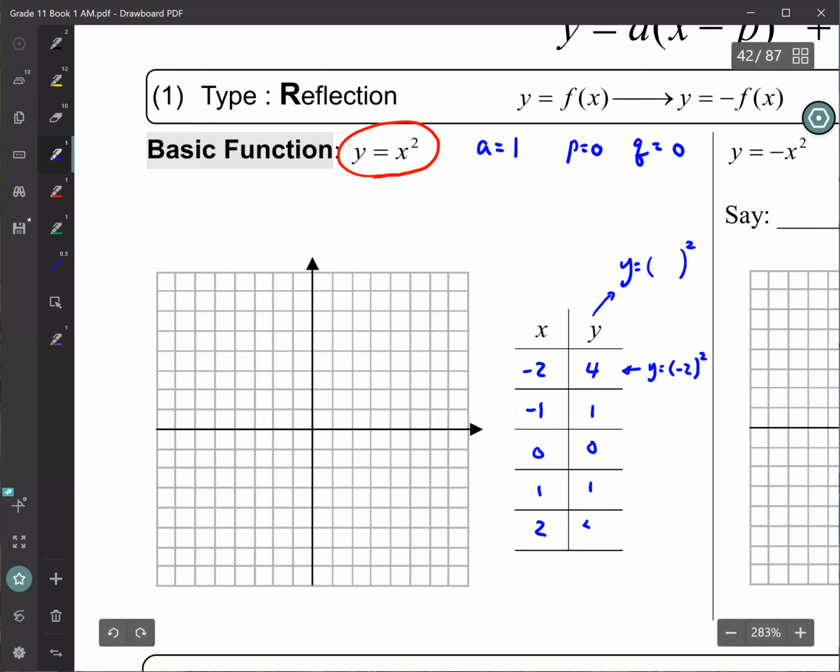Yeah, very good. Okay, so everybody please plot them on the graph, on the grid, and then we'll draw the picture. Okay, so -2, 4 will be up here. -1, 1, 0, 0, 1, 1, 2, 4. Okay, so as you can see, they don't line up in a straight line, right?